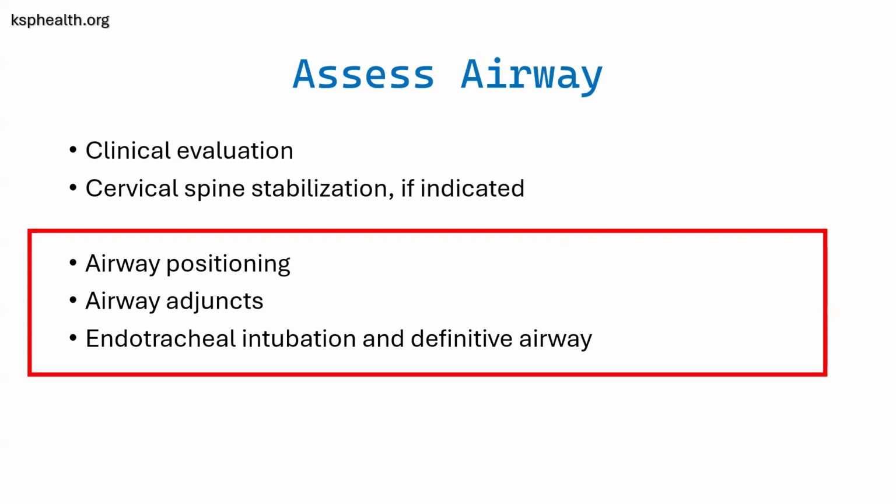Evaluate clinically, make sure the airway is open and the air movement is good. If you suspect cervical spine injury, that needs to be stabilized while you are positioning the airway and using airway adjuncts. So cervical spine stabilization comes first, then put in airway adjuncts, that could be either a nasopharyngeal airway or an oropharyngeal airway, or straightforward endotracheal intubation with a definitive airway.